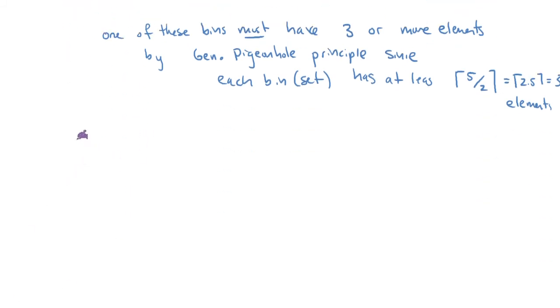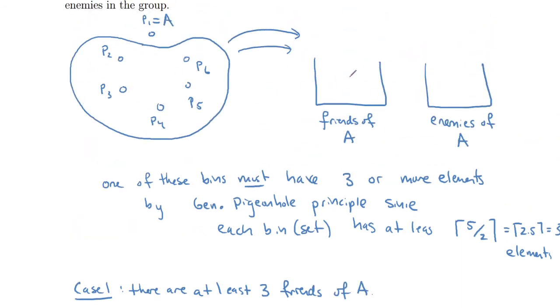Case 1: there are at least 3 friends of A. Let's say that this bin had the 3 people in them, whatever they may be.